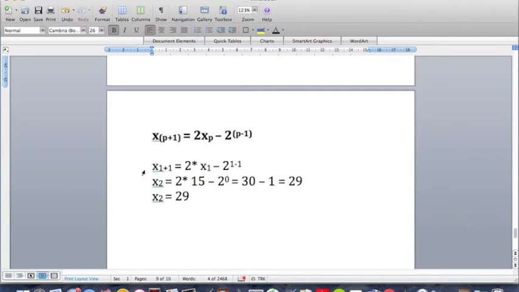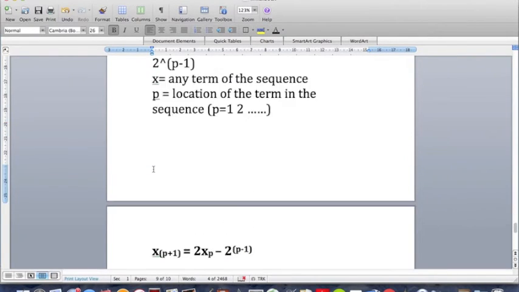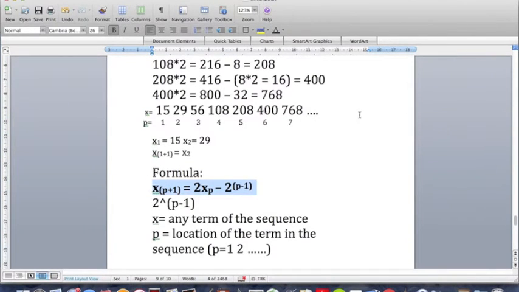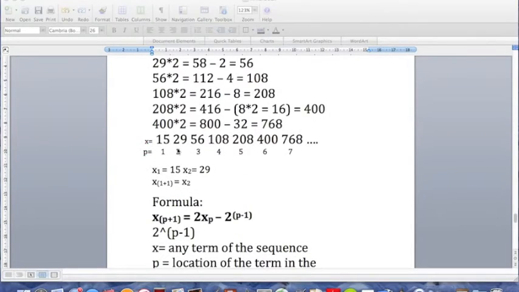So there you go. This is how you utilize the formula to find out the next term in the sequence. But remember you must know the pth term of the sequence. If you do not know the pth term, you cannot use this formula.